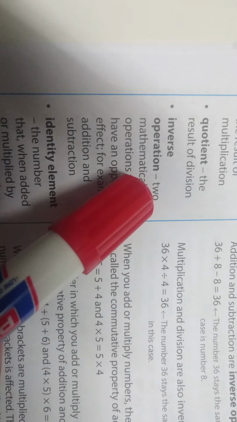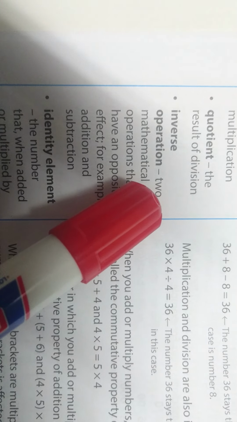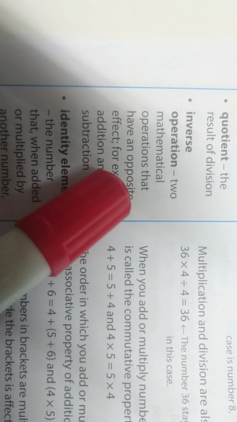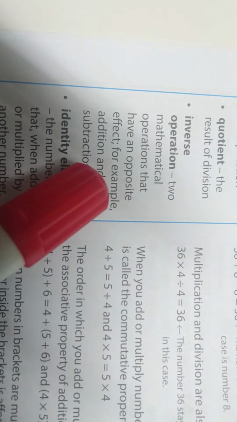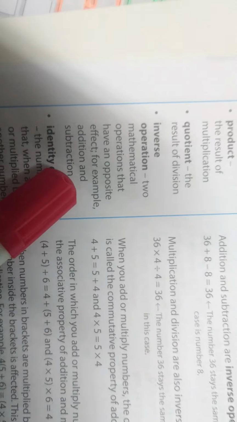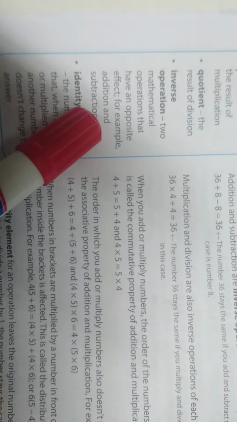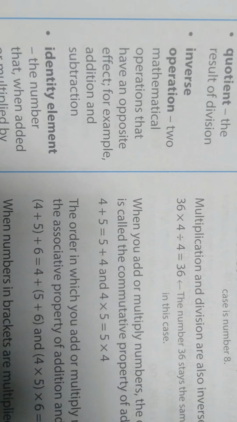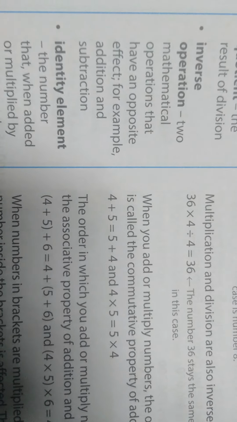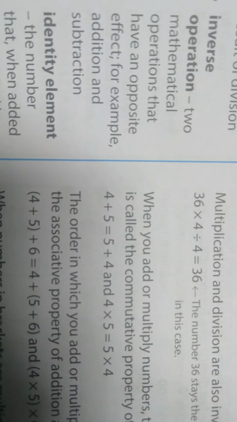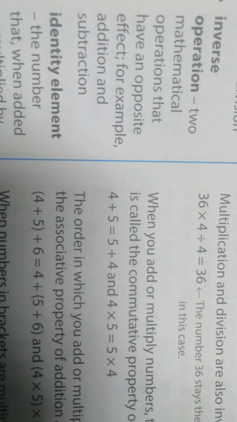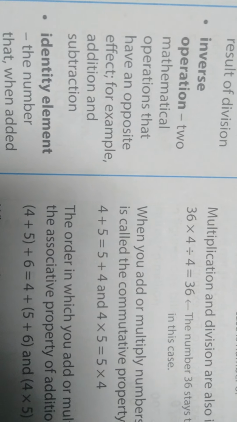if we look at inverse operations, they are two mathematical operations that have an opposite effect. For example, addition and subtraction. Now if you complete an addition sum, right? For example, 500 plus 500, you will get 1000.